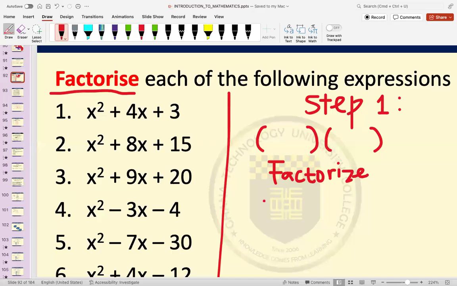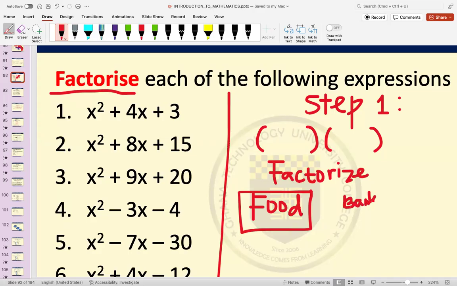Same like probably you are buying food at a restaurant, and then they are bagging the food for you. You see that it is food you have bought. So probably if it's banku and tilapia, the banku is put in a different pack, and then the tilapia is also put in a different pack.